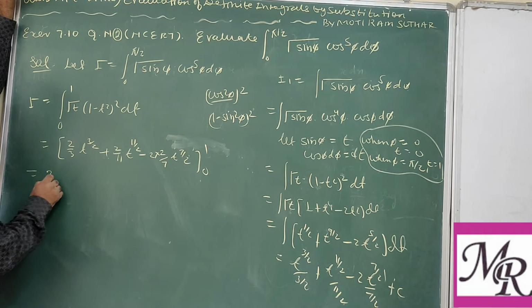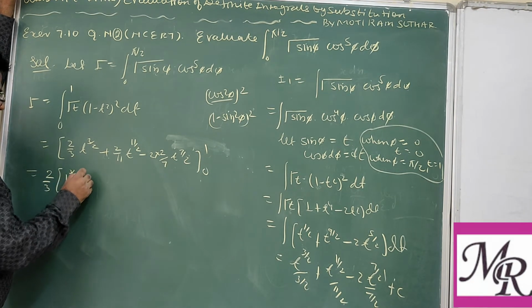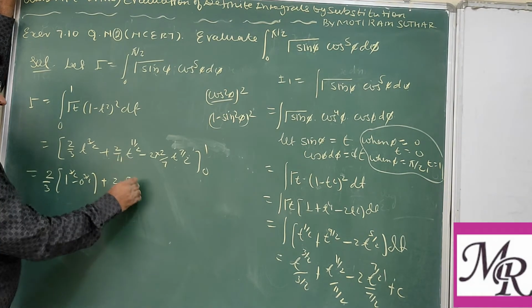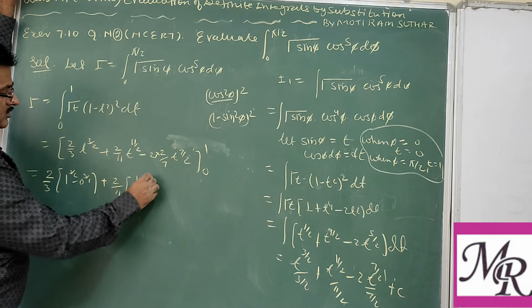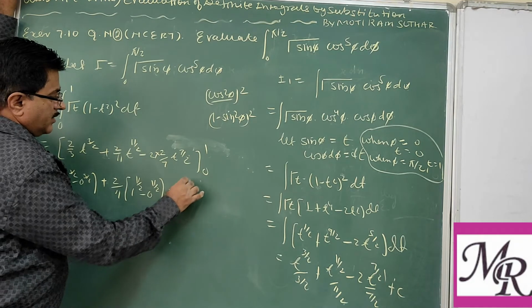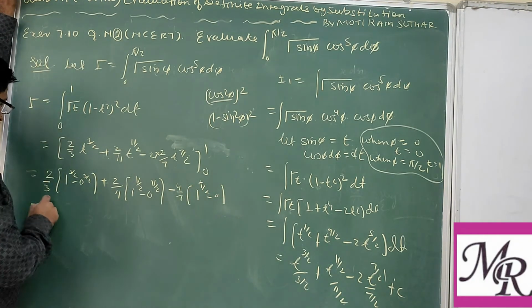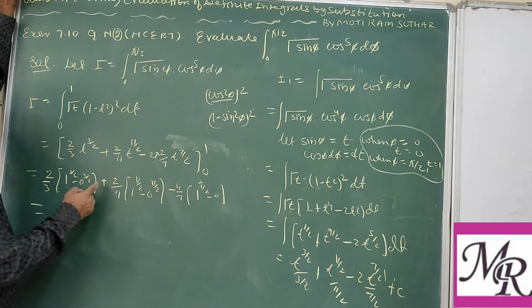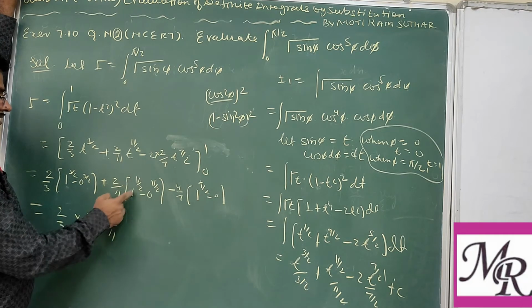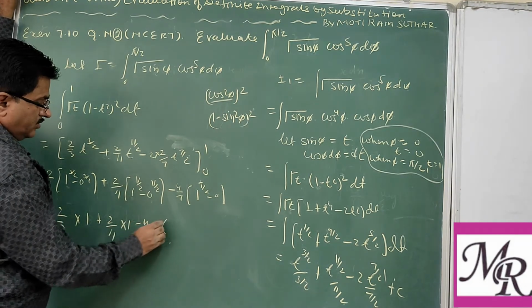So for the first, 2/3 upper limit is 1 power 3/2 minus lower limit, plus 2/11 upper limit 1 power 11/2 minus 0 power 11/2, minus 2 into 4/7 upper limit 1 power 7/2 minus 0. So 2/3 into (1 minus 0), plus 2/11 (1 power 11 is 1) minus 0, minus 4/7 into 1.